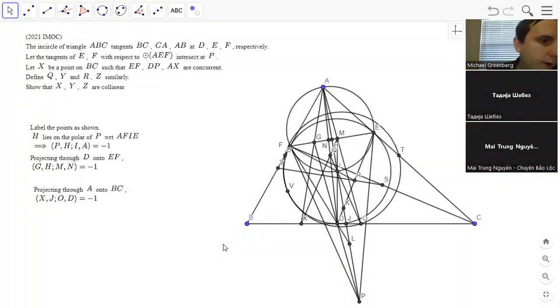So yeah, let me write out XJOD as an algebraic expression. XD over DJ times OJ over OX. So XD is BD minus BX.